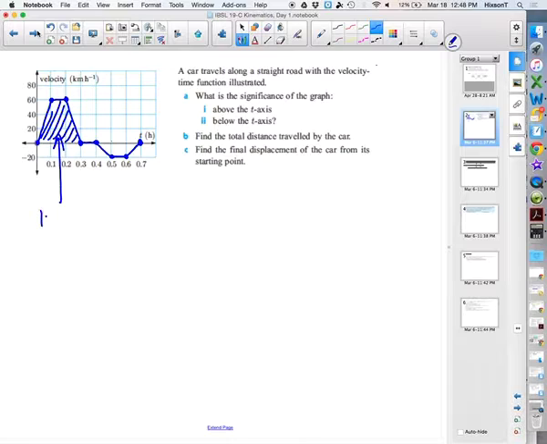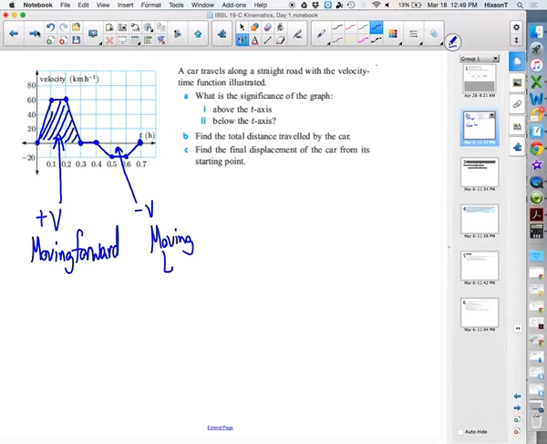But we have a positive velocity, which means we're moving forward, okay? This part here, below the axis, how are we moving? Negative. Yeah, we're moving in the negative direction. It's a negative velocity. You could think of it in terms of, we're moving backwards, back the way we came. Okay?